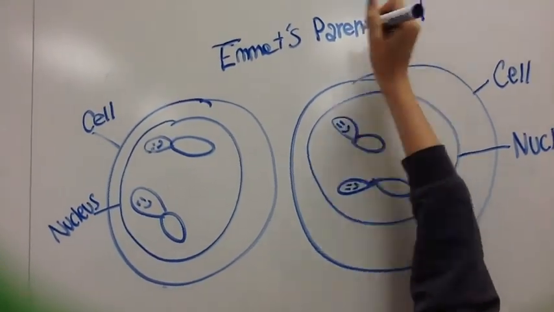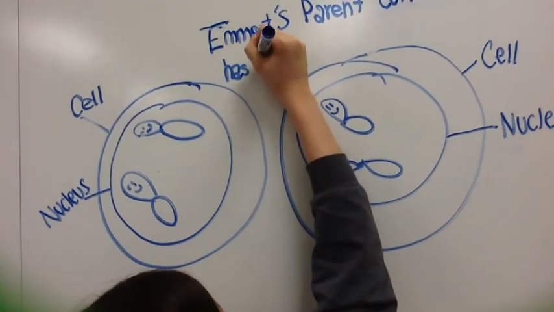The result is Emmett's parent cell being turned into two daughter cells.